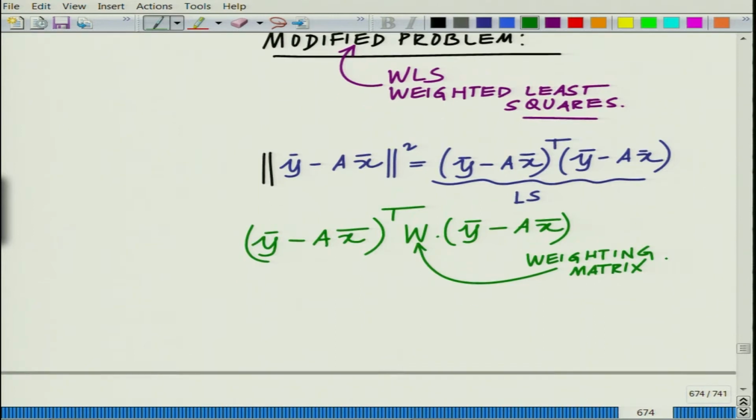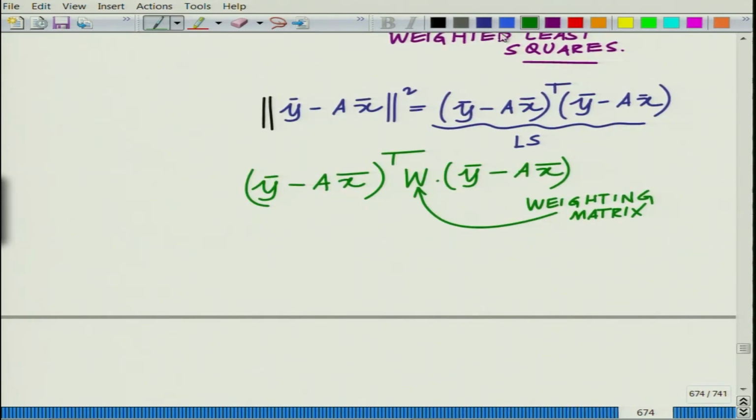This is essentially your weighted least squares cost function, what we term the WLS. So, what we are essentially doing over here is introducing this weighting matrix, and essentially that takes the different errors into account.